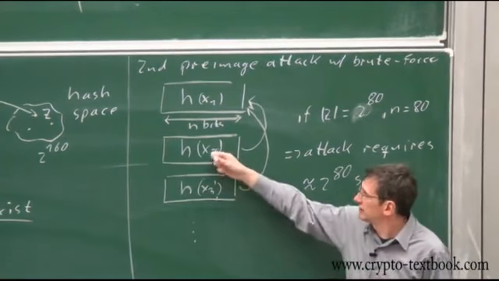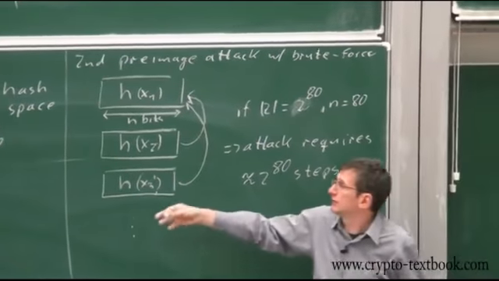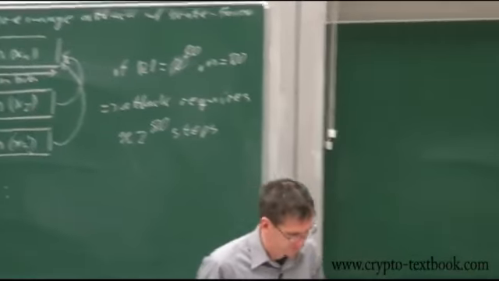Okay? Every time we have a new input, we get a pseudo-random output, pseudo-random 80 bits, and you have to run that roughly 2 to the 80 times until you find a collision. Okay?